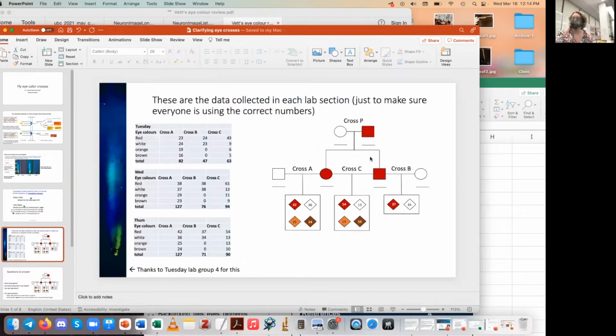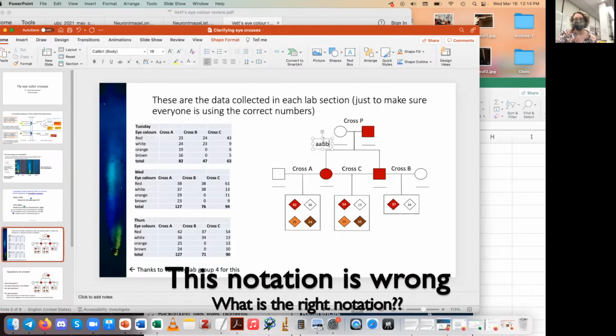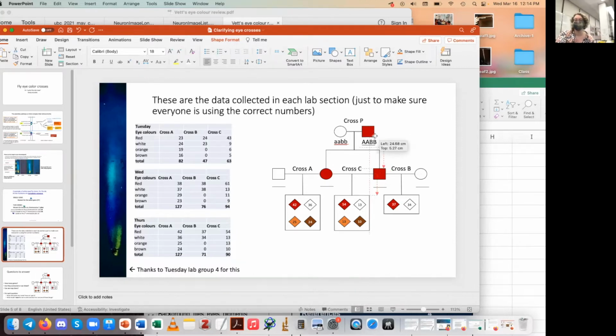And that's emphasized here too, right? So these are white, that means that they're double recessive, aabb. Because the offspring are wild type, all of them, we know for sure that their parent has to be homozygous dominant because the offspring need to be able to reliably, every single time, get a dominant allele from their other parent.